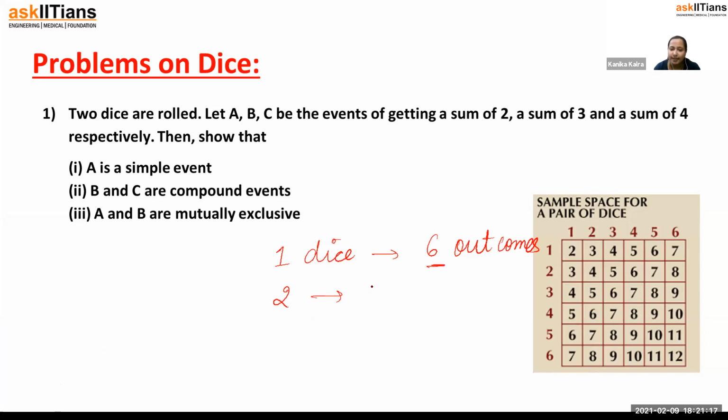So it would be 6 raised to the power 2. Answer would be 36 outcomes. Like we did for the coins, the base number was 2 and then you had to look for the power. Similarly, in case of dice, the base number would be 6 because the basic outcomes are 6, and then n. Now n represents the number of dice rolled.